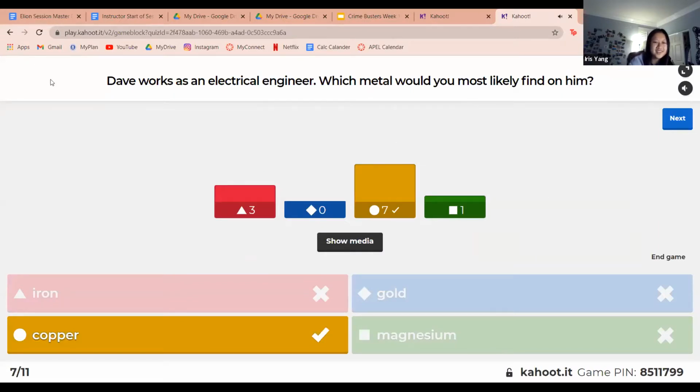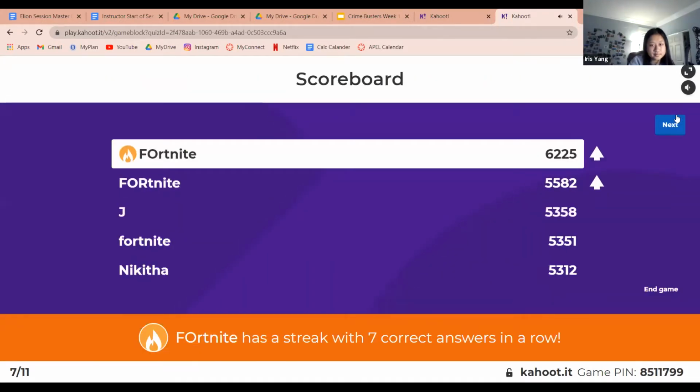Yeah, okay, so the answer is copper, and most of you got that, so good job. Copper is used in copper wiring, and like I talked about earlier, it's super conductive and stable, so that's why it is used for electricity and copper wiring. Okay. Fortnite is in the lead now.